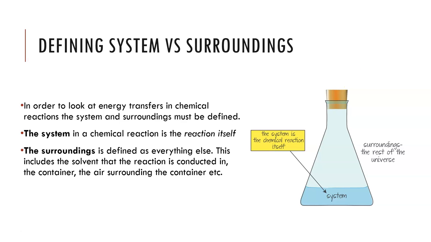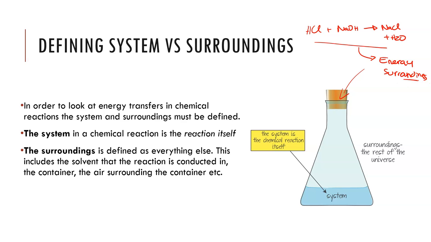So if we consider this flask where a chemical reaction is occurring, it could be a neutralization reaction, so say HCl plus sodium hydroxide reacting to form NaCl and water. This is going to be an exothermic reaction. It's a neutralization reaction. It will give energy off to the surroundings. So the reaction flask would increase in temperature as it occurred.